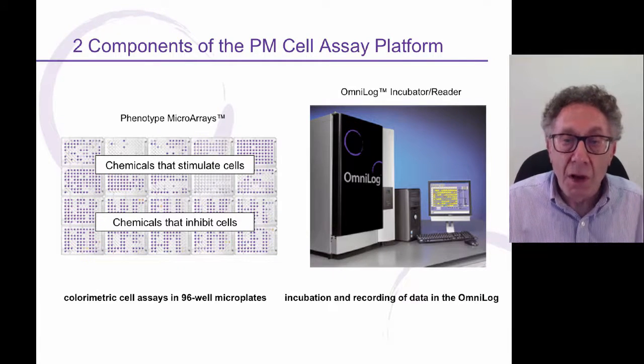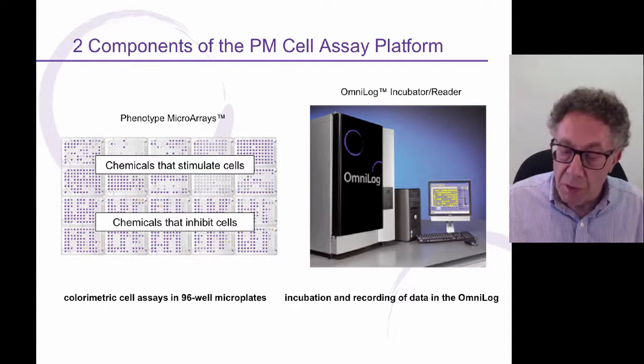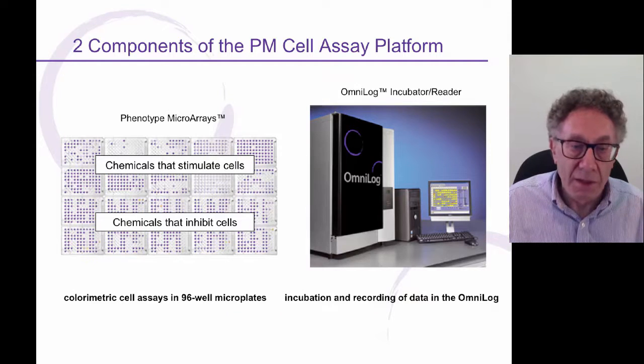The other part of the technology is an instrument called the Omnilog, which simultaneously incubates and records the purple color kinetically so that you can measure rates of purple color formation in hundreds or thousands of assays run simultaneously.